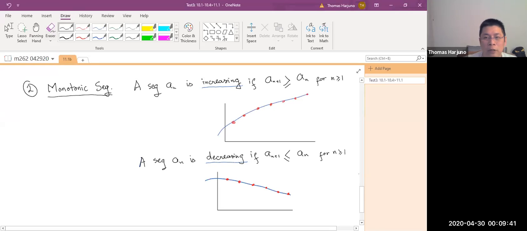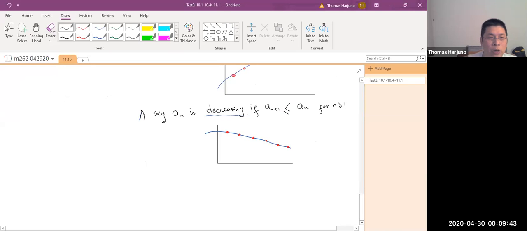Now, the definition of the word monotonic: a sequence a sub n is monotonic, or monotone, if the sequence is increasing or decreasing.